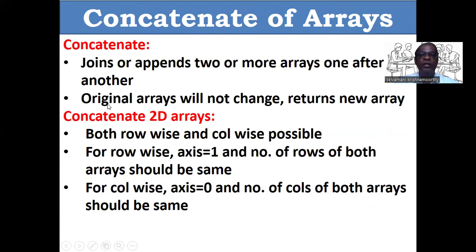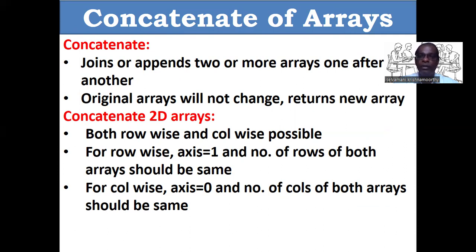Concatenate. Concatenate means what? Joins or appends or adds two or more arrays one after another. Assume we have two different NumPy arrays. We want to join or append them as one array. Two arrays need to be converted into one array.